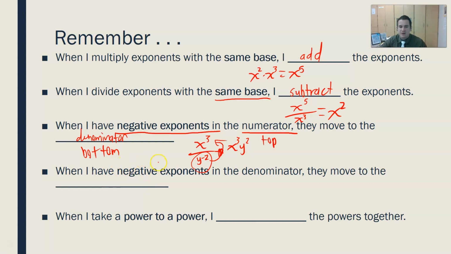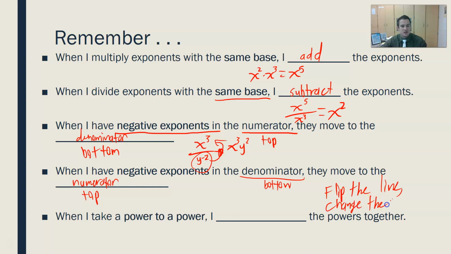Same when I have negative exponents in the denominator, they move to the numerator, or the top of the fraction. So the phrase we've been using is flip the line, change the sign. When it comes to negative exponents, we flip the line and change the sign.